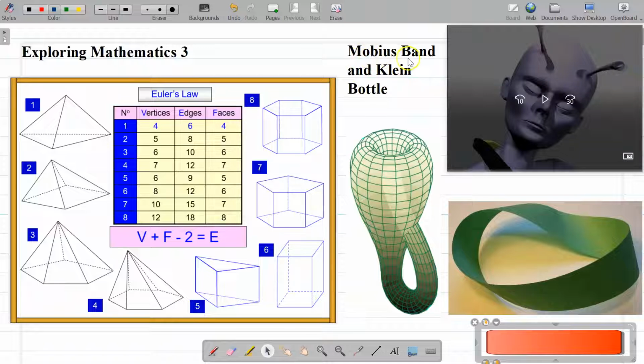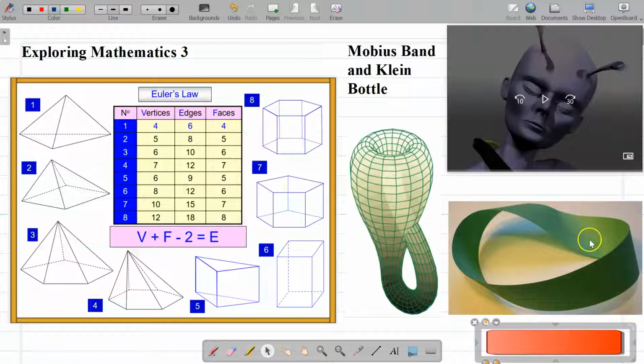For example, the Mobius band is made by a strip of card that's set up and joined to make a ring, but instead of joining the two ends to make an ordinary ring, you flip one of the ends over 180 degrees, glue it down, and what you actually create is something that only has one surface and one edge, and it has remarkable properties.